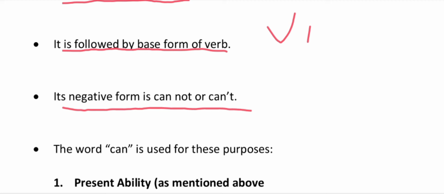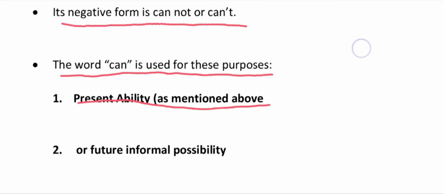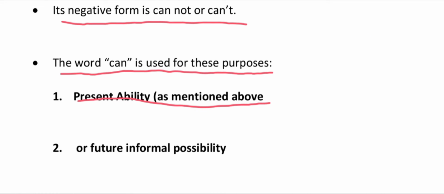The word can has also got some other usages. For example, the word can is used for these purposes, which is mentioned as earlier, present ability. So first, can be used for present ability. As I mentioned earlier, it shows the ability of someone to do something. And I give you some examples.